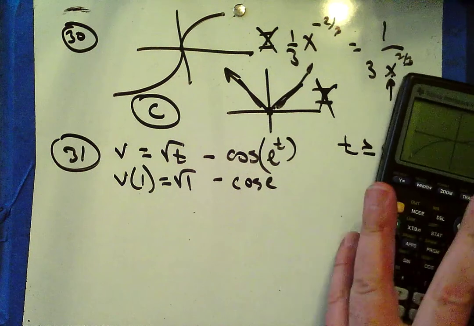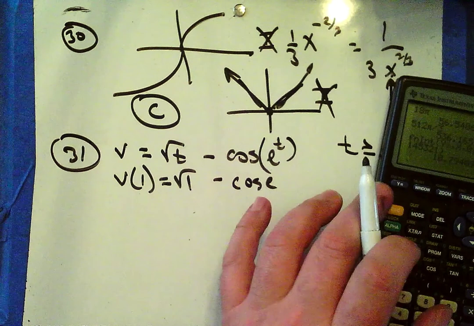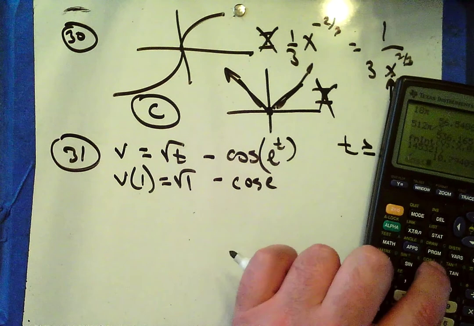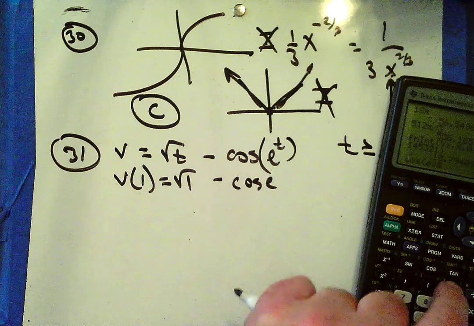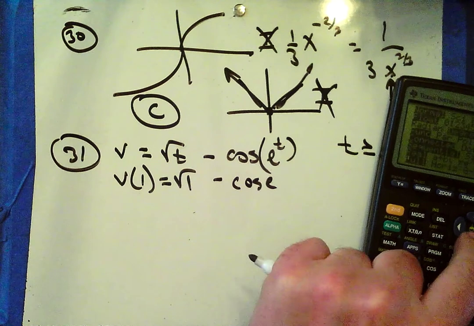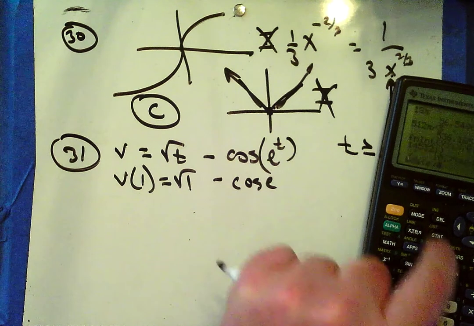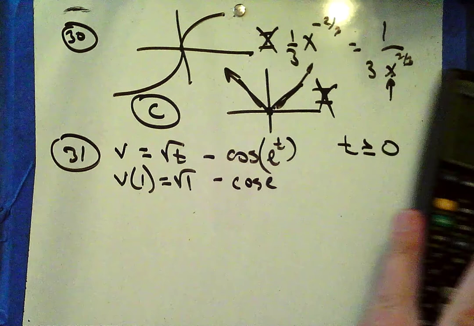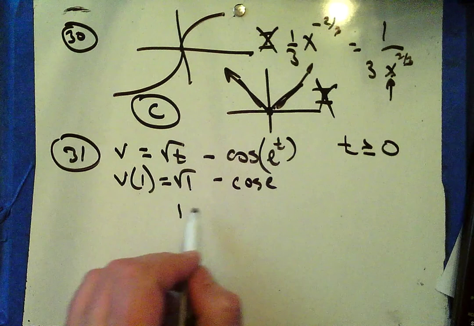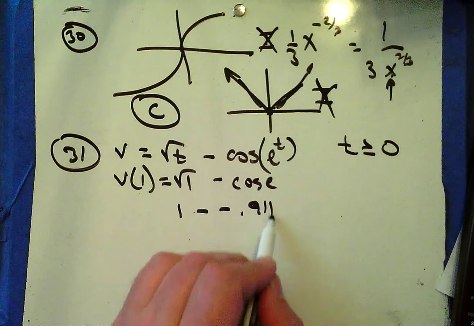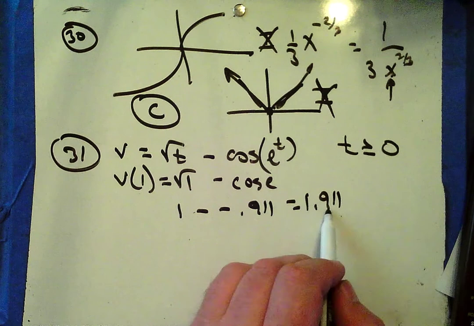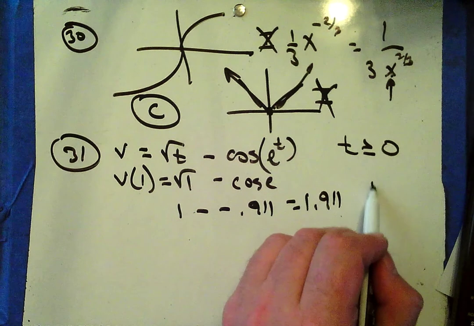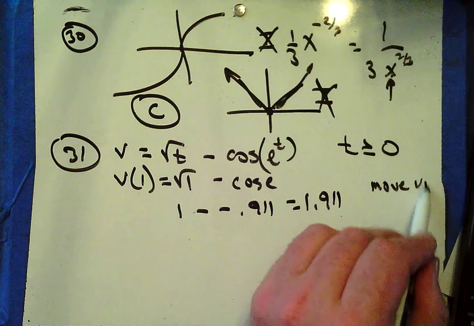I don't know what the cosine of e is. Second quit. Okay, cosine of e, and my mode needs to be in radians because I'm doing calculus. And I get 1 minus negative 0.911, 1.911. This is positive, v is positive, so I'm moving up.